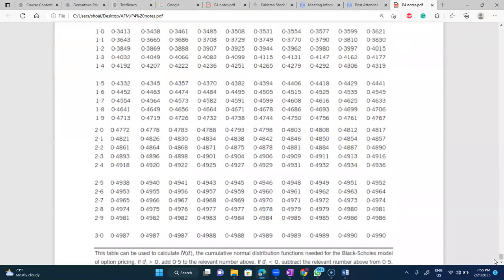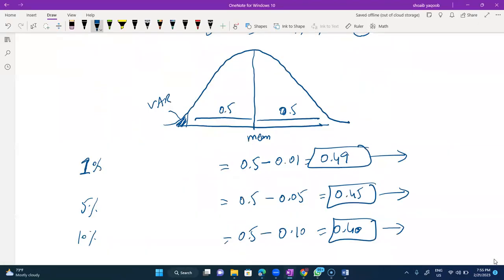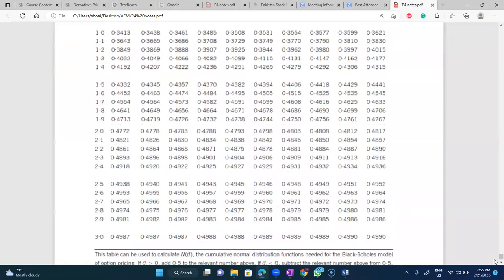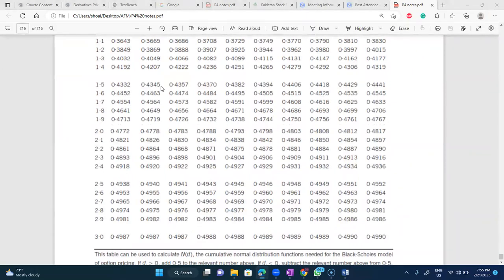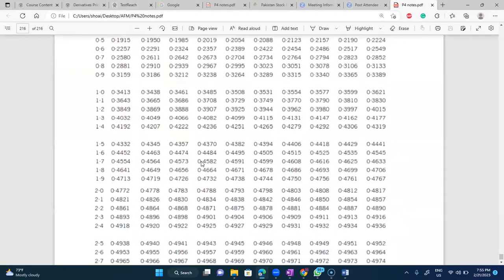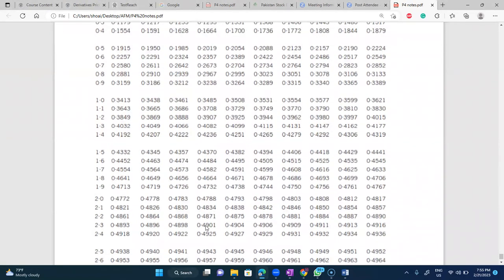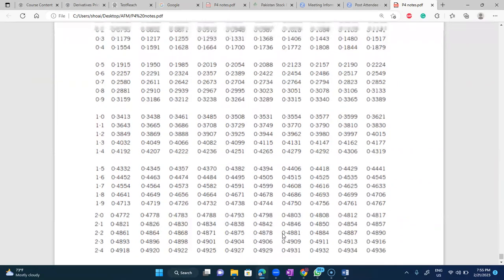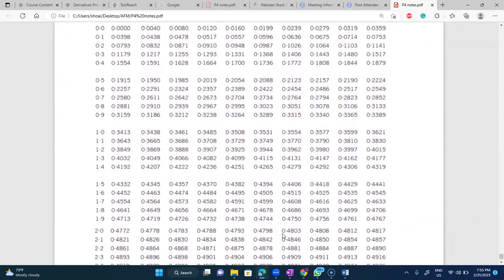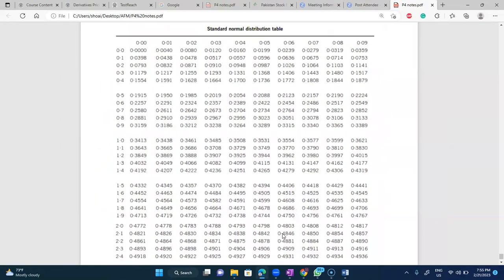Yes. So first of all, 0.49. Search 0.49 in the table. If you are following the cursor, here it is, 0.49, in the middle of the table. Now read across the line.